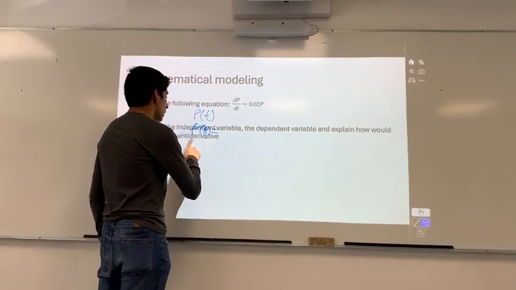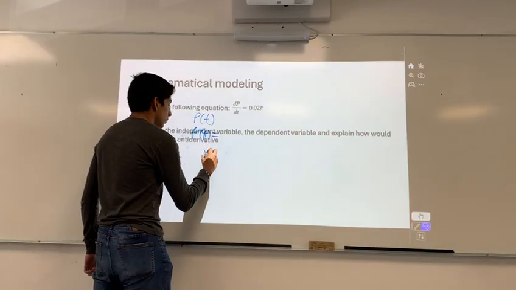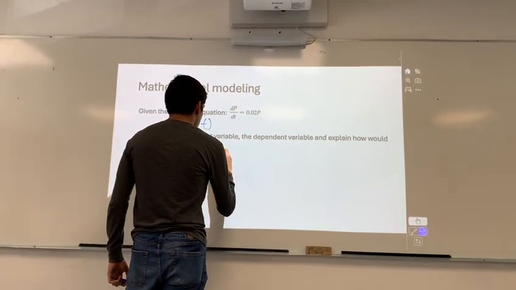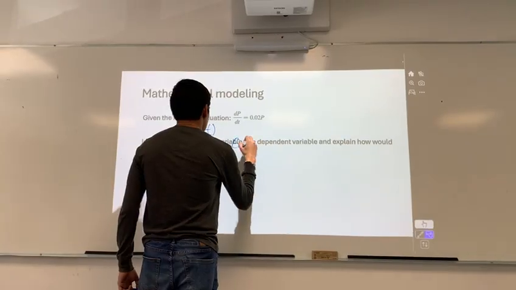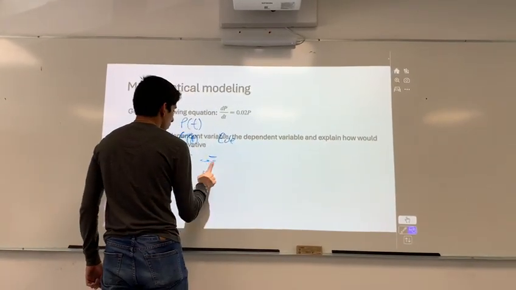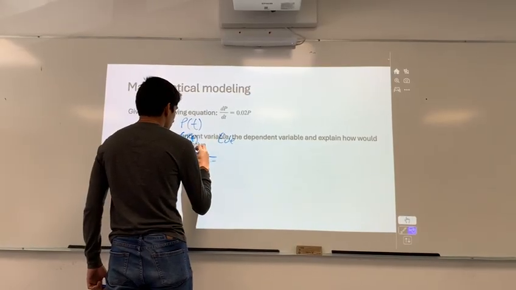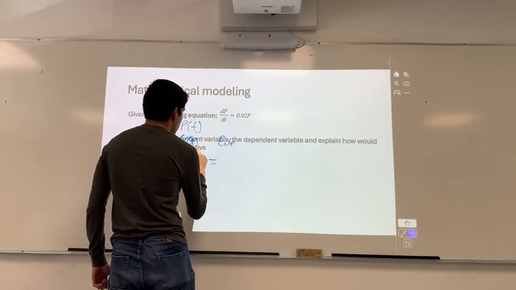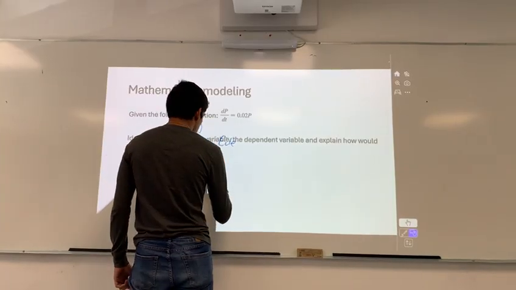So I can imagine that in the Euler function, this could be y, and this is supposed to be p.